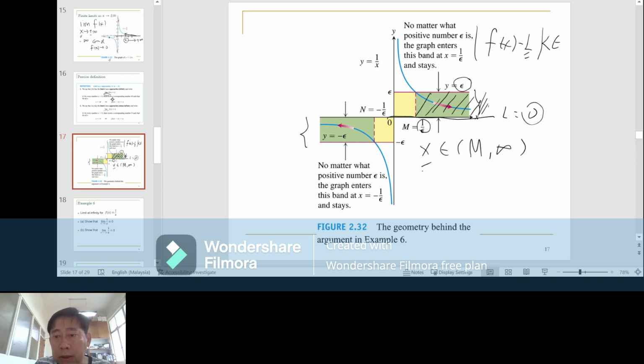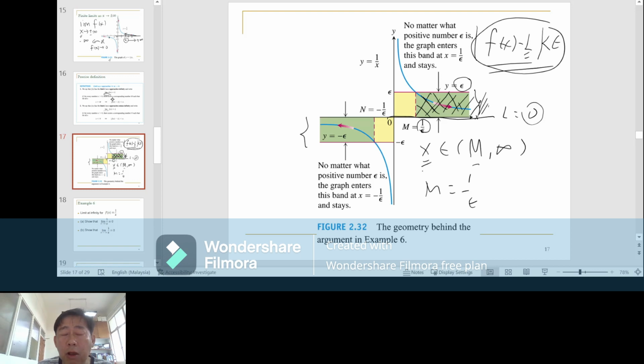Okay, so this is a statement that describes the green region, and this is always correct when x is larger than m, where m is chosen to be 1 over epsilon.